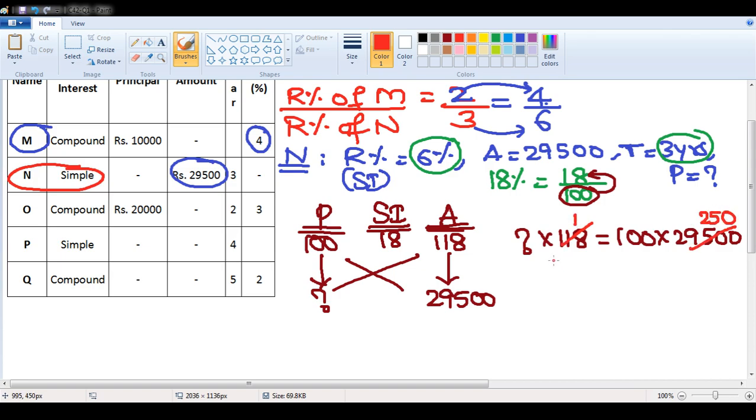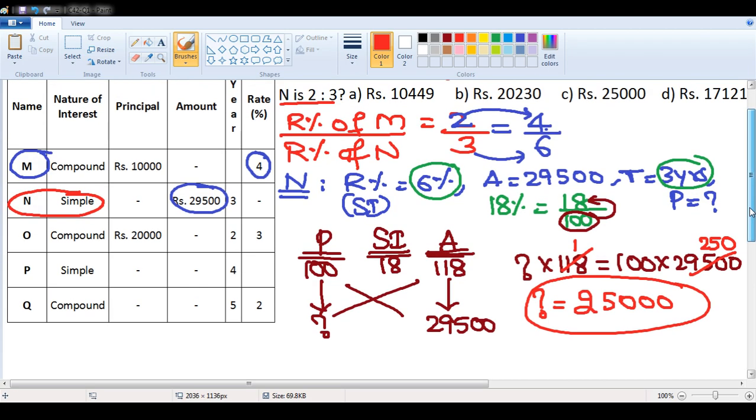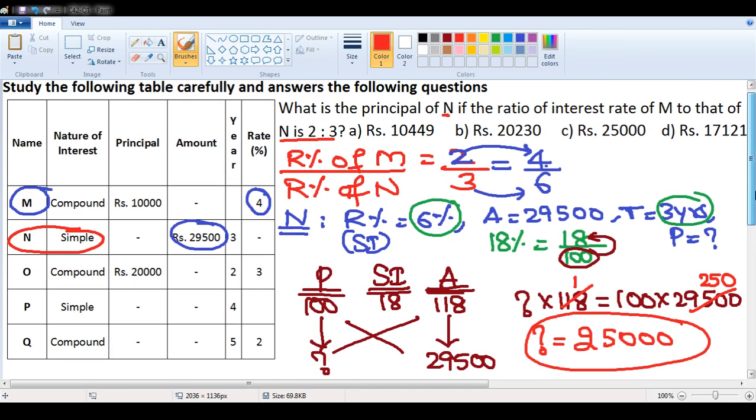If you don't know 118 directly, you can simplify with other numbers also. 100 into 250 is 25,000. Principal of N is nothing but 25,000. Rate of interest is same in case of SI, so first year 6, second year 6, third year also is 6.